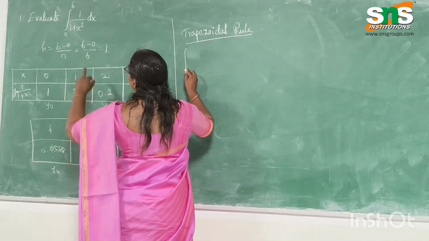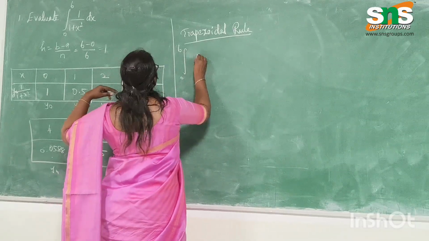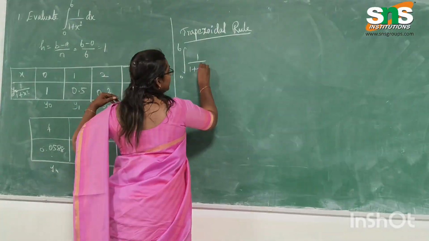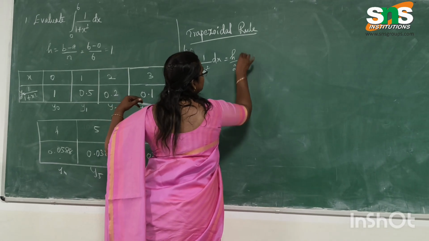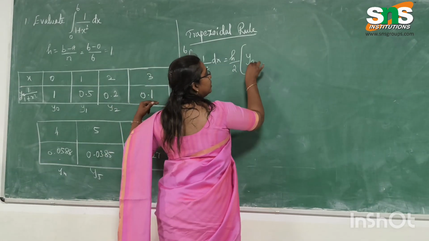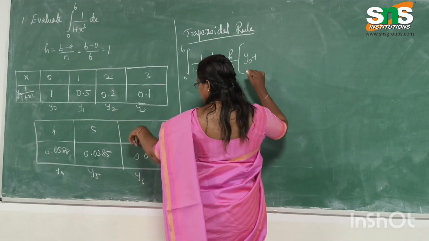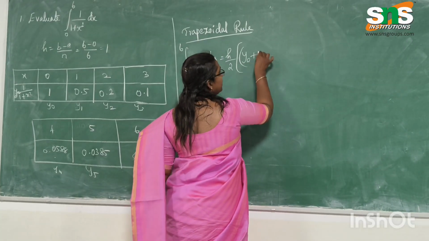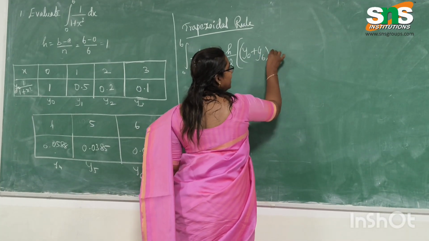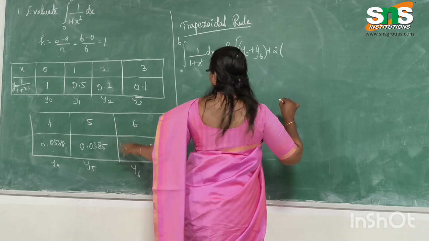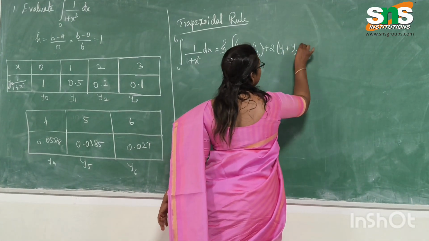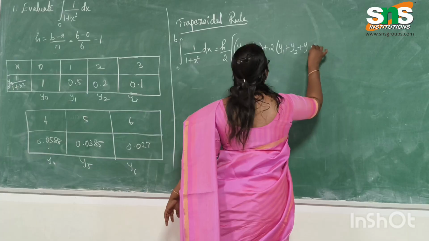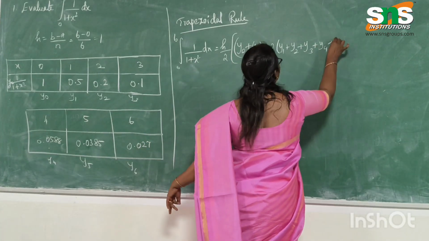The integral from 0 to 6 of 1 divided by 1 plus x squared dx equals h divided by 2 times the bracket y0 plus y6 plus 2 into the remaining ordinates, y1 plus y2 plus y3 plus y4 plus y5.